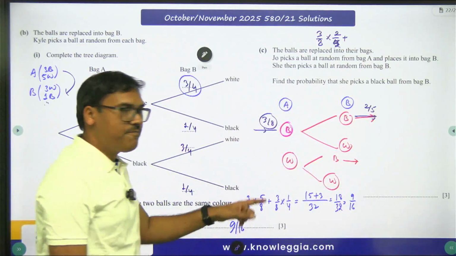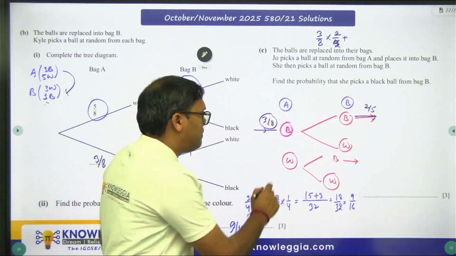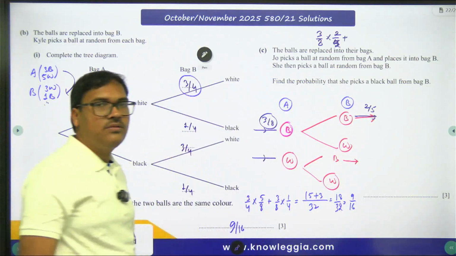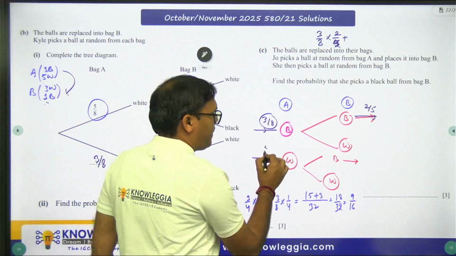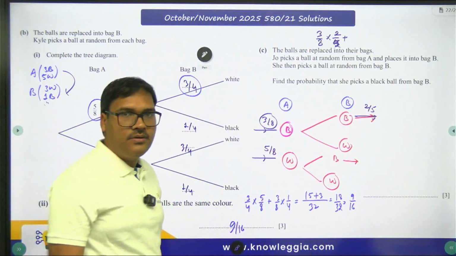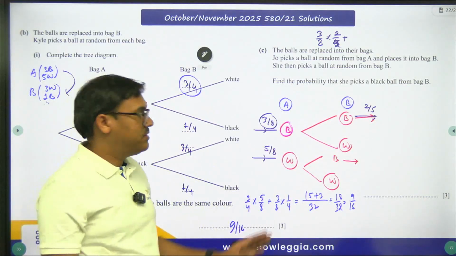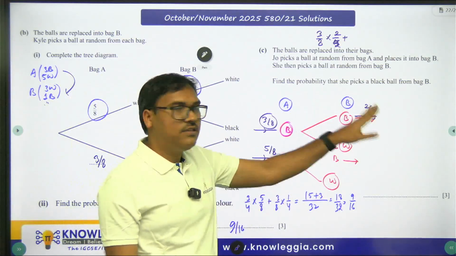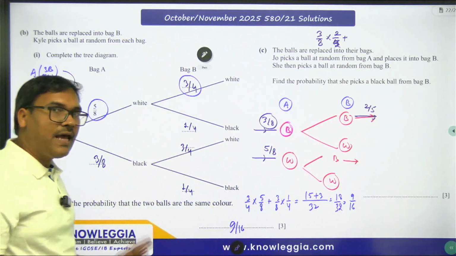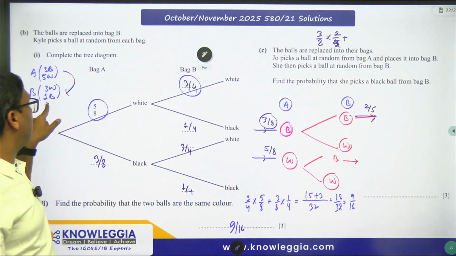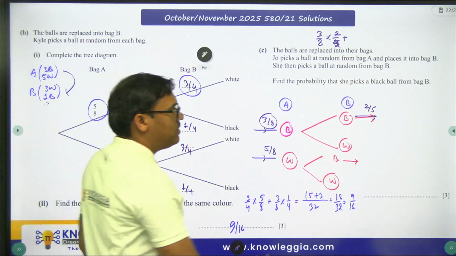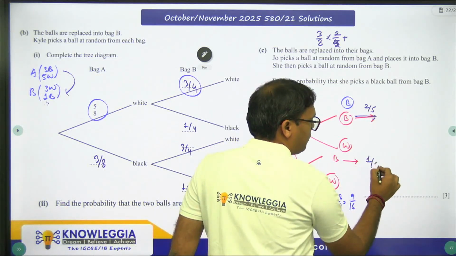Correct. Now, in the other case, she picks a white ball. So what is the probability of picking a white ball? This is 5 by 8. Now, if she picks a white ball, she will put this white ball in bag B. So black balls will not change because she is putting in white. How many black balls are there? Only one. So this is 1 out of 5.